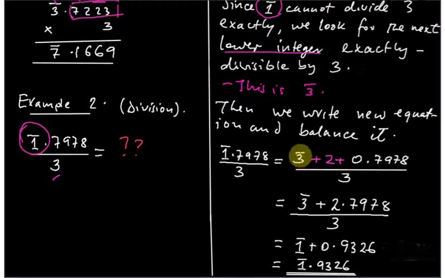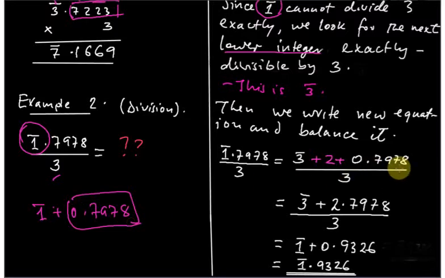So when I add bar 3 plus 2, I get bar 1, and then plus the mantissa, which in this case now it is 0.78, because when you extract the mantissa here, it is as if you are having bar 1 plus 0.7978. So this was the mantissa itself, and I put it like that.